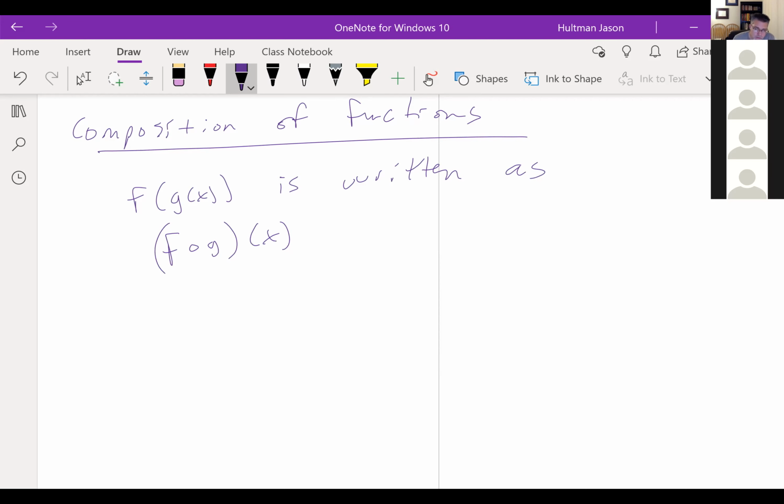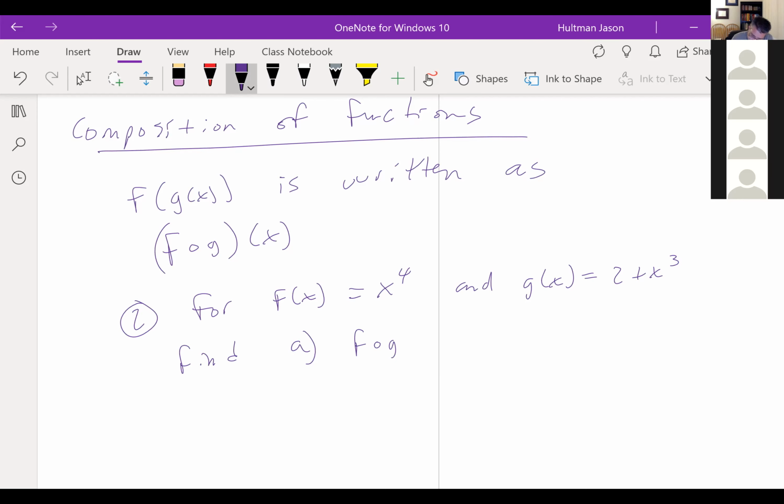So, number 2. For f of x is equal to x to the 4th, and g of x is equal to 2 plus x cubed, find f of g of x.